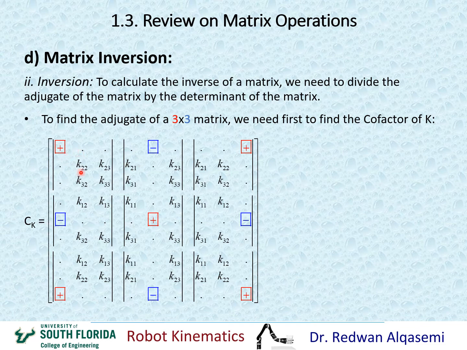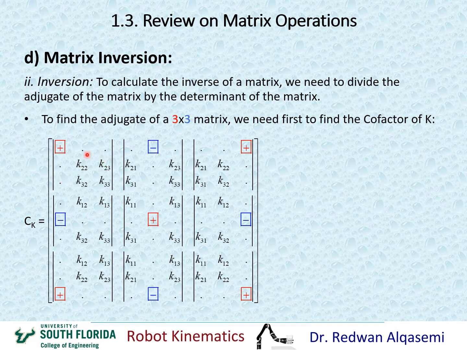So for the first row, first column, I'll take the original matrix and eliminate everything in the same row and column as the first row, first column element. This is my first row and first column element of the original matrix. I'm going to delete this and every single element of the same row and the same column.